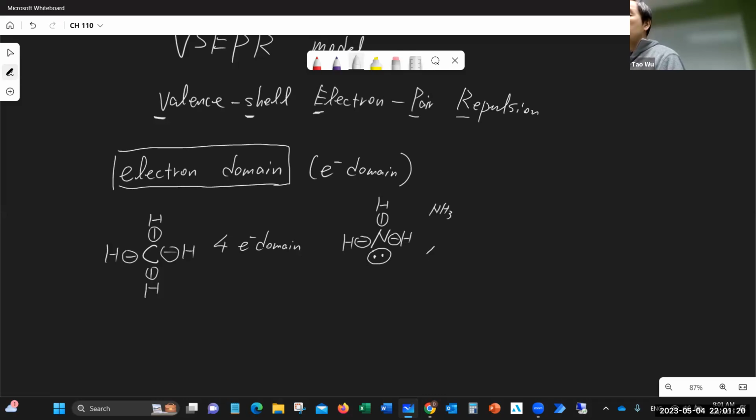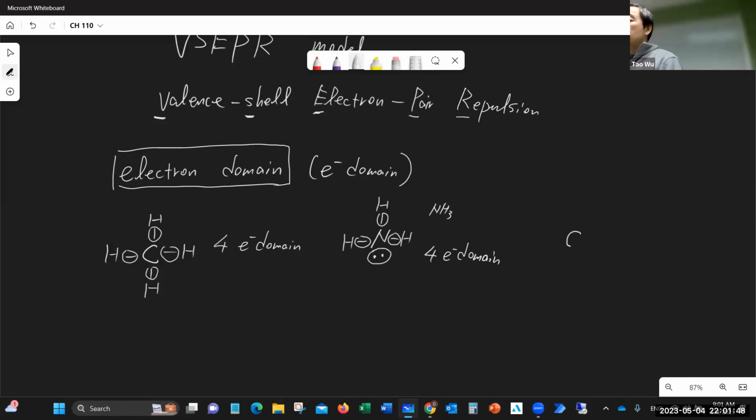So this also has 4 electron domains. It doesn't matter if it's single bonds or an electron lone pair, those all count as electron domains. The lone pairs actually have a much bigger electron cloud than the bonds.